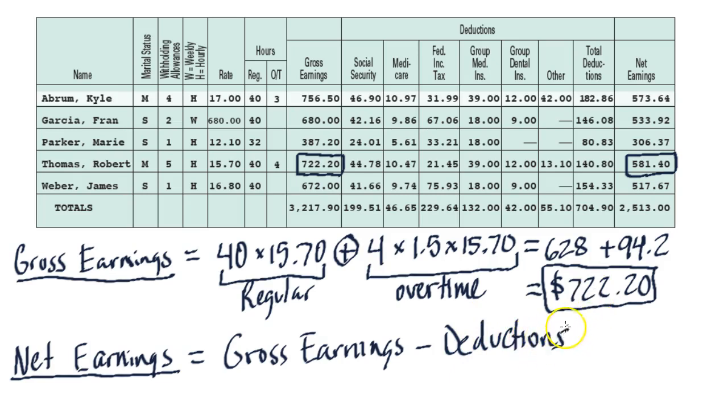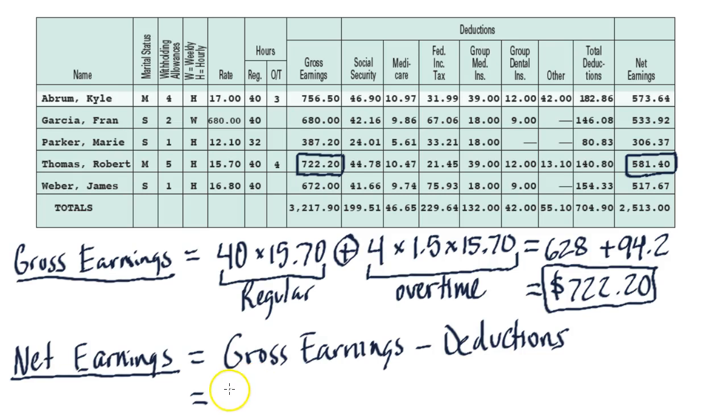So deductions may vary based on the employee. As you can see, some employees don't have all the deductions, and there may be other deductions even than this. But anyways, let's look at what we have here for Robert Thomas.